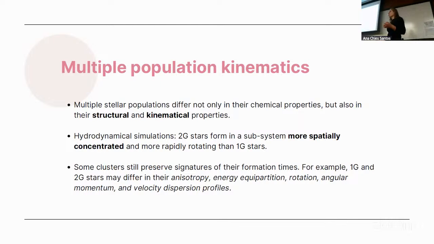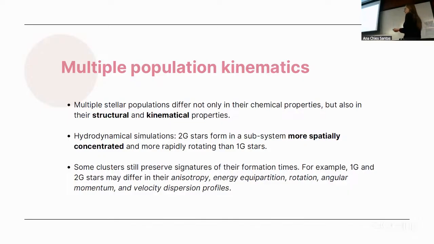If we have multiple episodes of star formation, we first have the formation of the first stellar population, which is extended. Then in the center of this system, we have the formation of second generation stars that are going to be more rapidly rotating than first generation stars, and of course, more centrally concentrated.